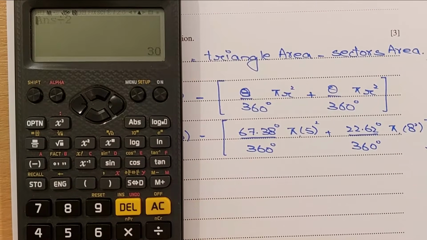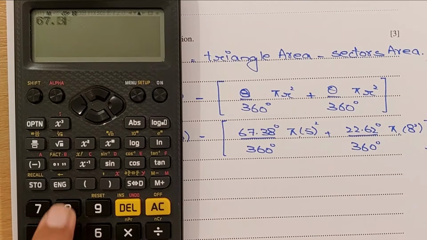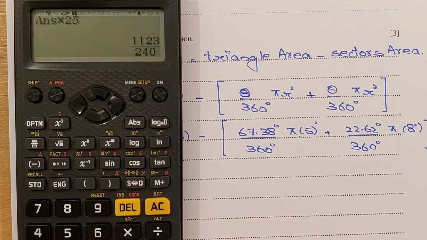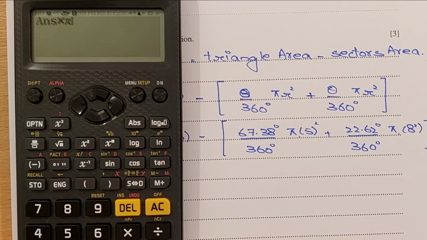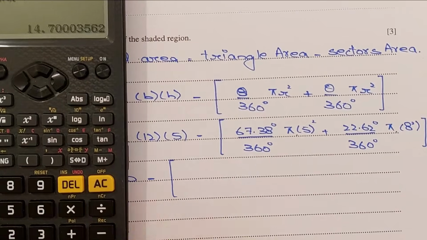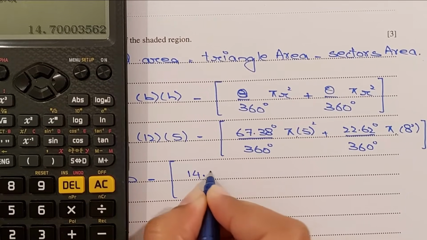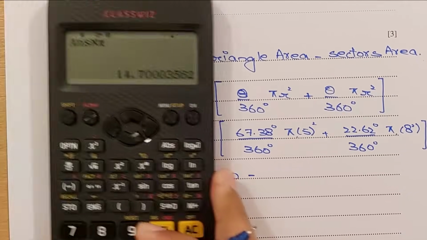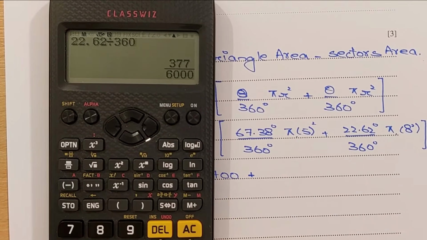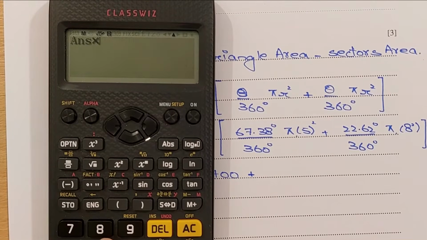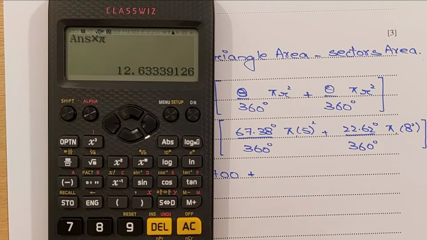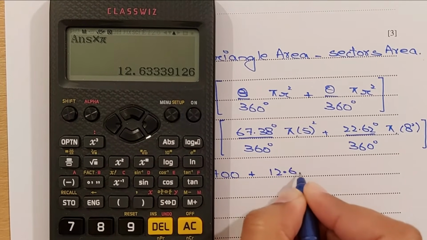Okay, so we have 67.38 divided by 360 times 25 times pi, 14.700, minus, plus 22.62 divided by 360 times 8 times 8 is 64 and times pi, 12.633.